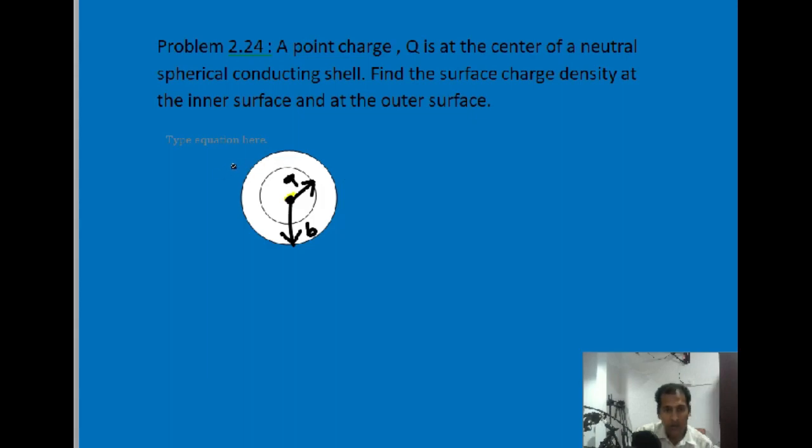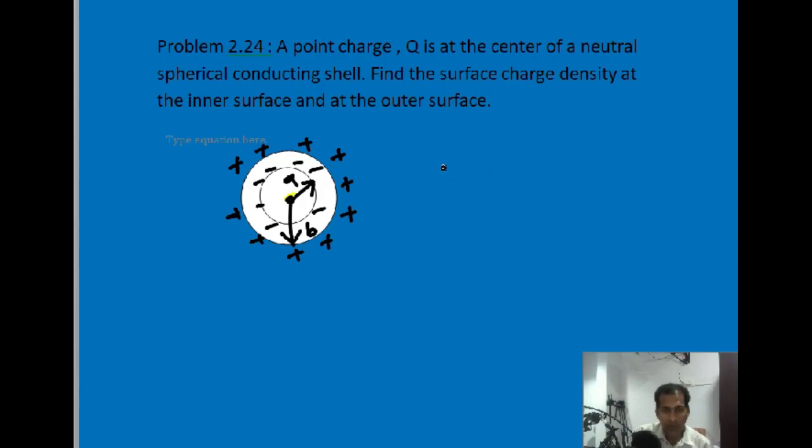So if we consider the outer shell to have positive charge, then as per Gauss law, the inside surface will have negative charge. So what we have to find out is the electric field intensity at the inner surface and outer surface.